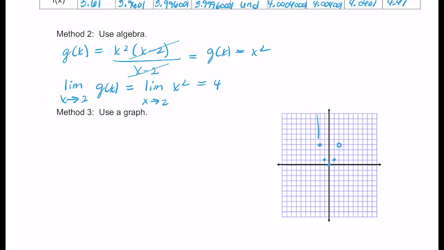And we're going to end up with, you guessed it, a parabola, right? Because it's x squared. And one of the things you should notice here, as you approach 2 from the left, and you approach 2 from the right, if we go up, y is going to approach 4. That is the value of y right there.